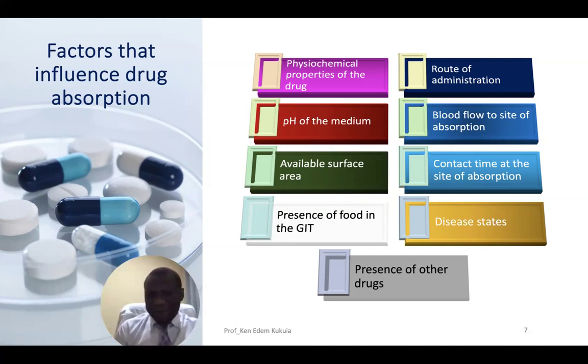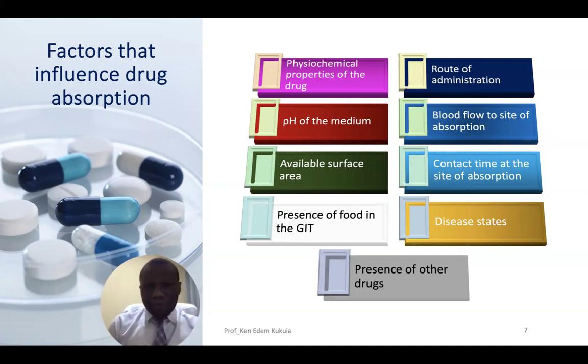Some of the factors, these are not all, but some of the factors that influence drug absorption, we have physicochemical properties of the drug, route of administration, the pH of the medium, the blood flow to the site of absorption, available surface area, the contact time at the site of absorption, the presence of food in the GIT, that is the gastrointestinal tract, disease states, and then the presence of other drugs.